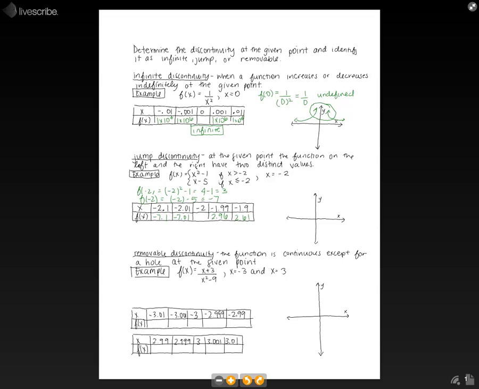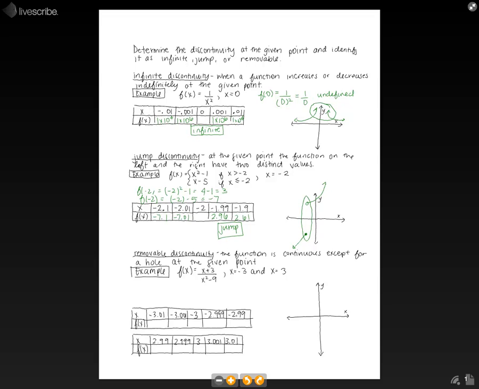So we have a jump discontinuity because we're approaching two distinct values. Let's also check by graphing. A rough sketch of the graph will look like this, and we can see this large break or jump in our function. So this is a jump discontinuity at the point x equals negative 2.